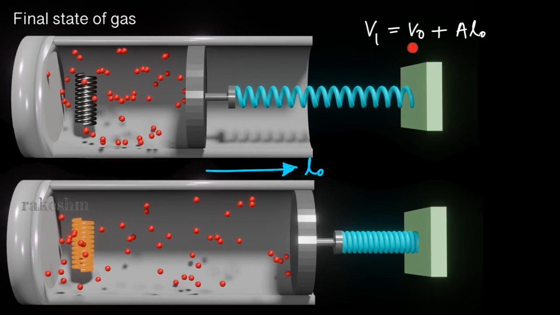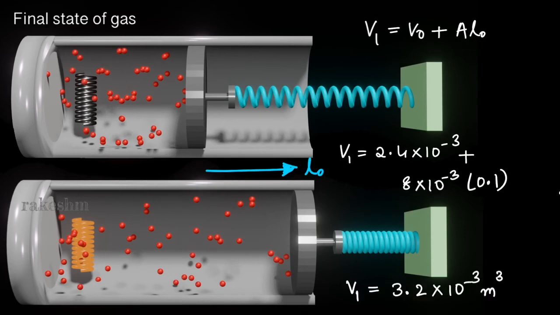V1 equals initial volume plus area of cross section into L naught, so A into L naught. That is V naught, which is 2.4 into 10 power minus 3, plus area of cross section, which is 8 into 10 power minus 3, into L naught, which is 0.1. So we get the final volume of the gas as 3.2 into 10 power minus 3 meter cube.